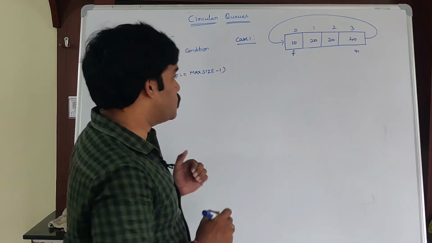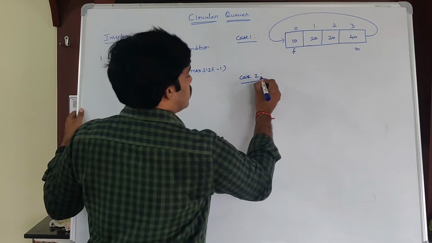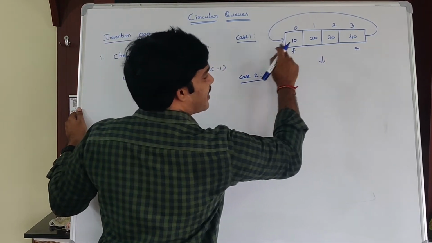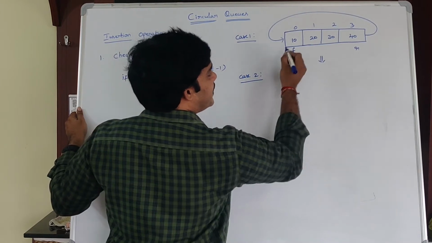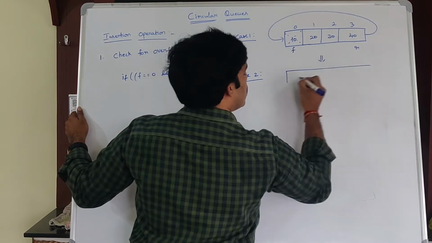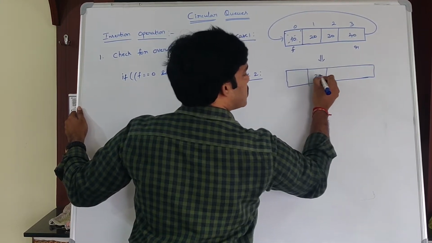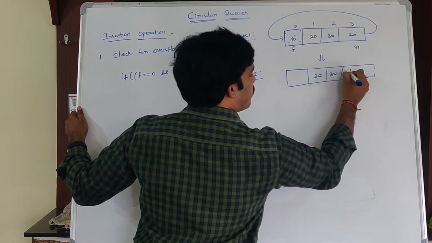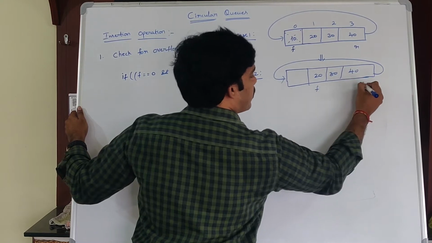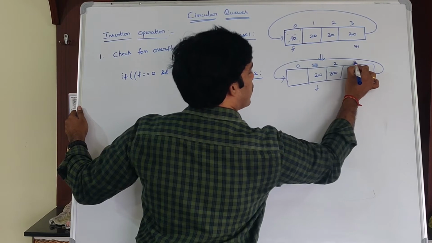Coming to case 2. If I want to delete an element from this circular queue, which element is to be deleted? The first inserted element. After deleting the first element, the first memory location is empty, followed by 20, 30, 40. Now the front pointer points to 20 and the REAR pointer points to 40.